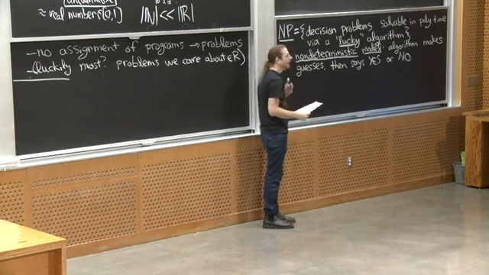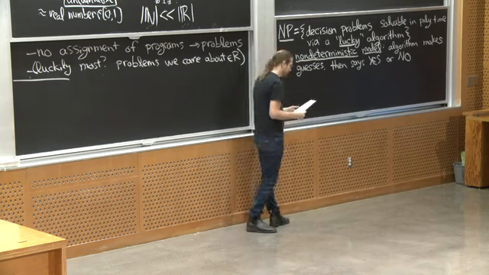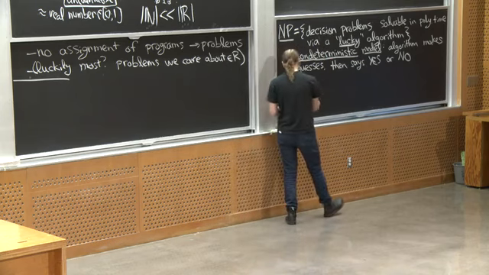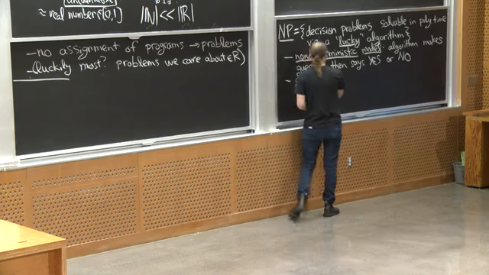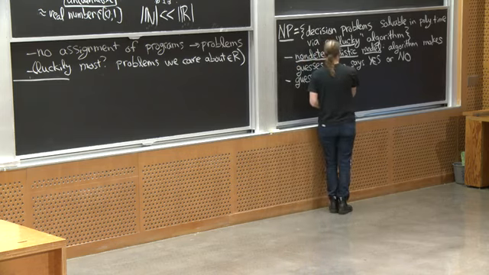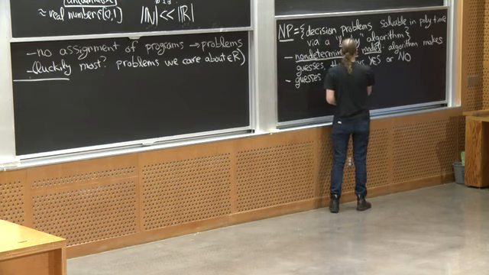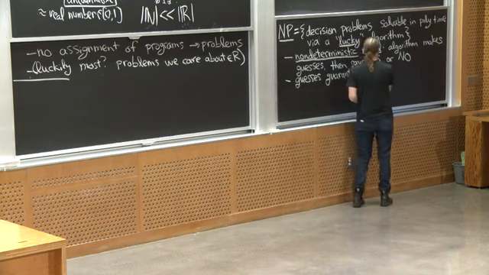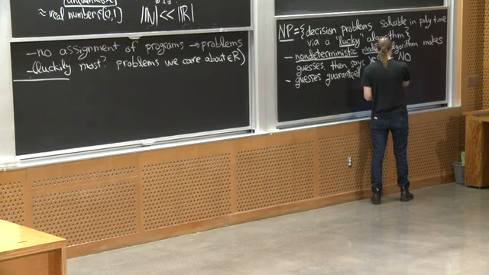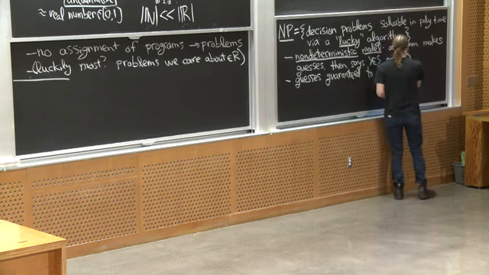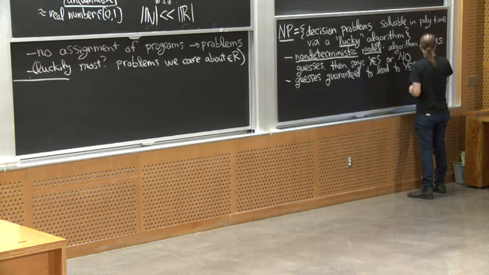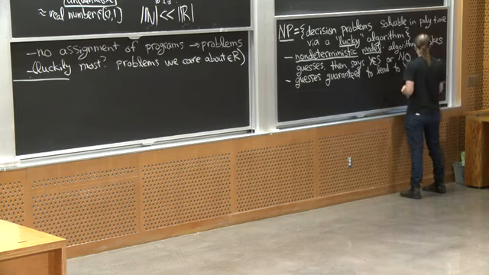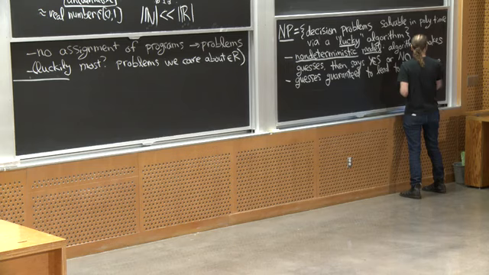And what does it mean to run that algorithm? What does it mean for the guesses to be lucky? Here's what it means. These guesses are guaranteed, which way you end up going is guaranteed to lead you to a yes if there is one, if possible.